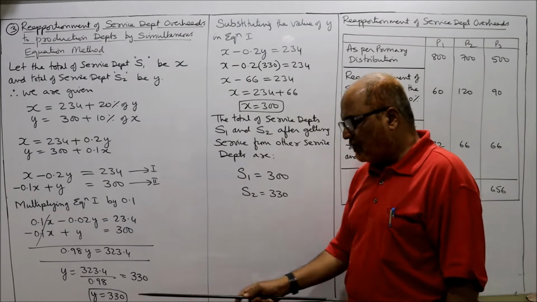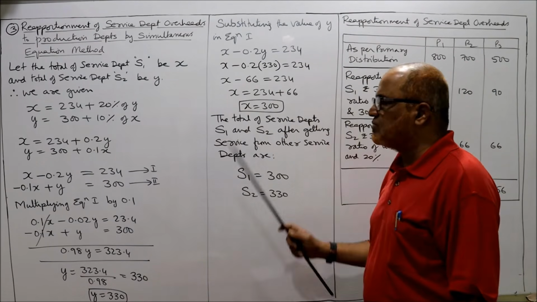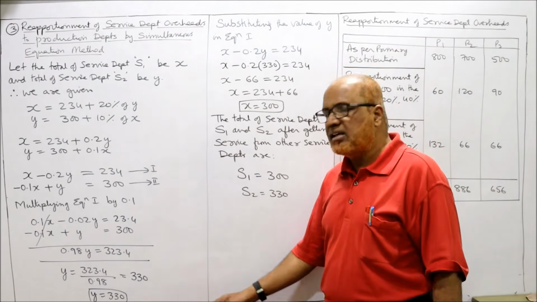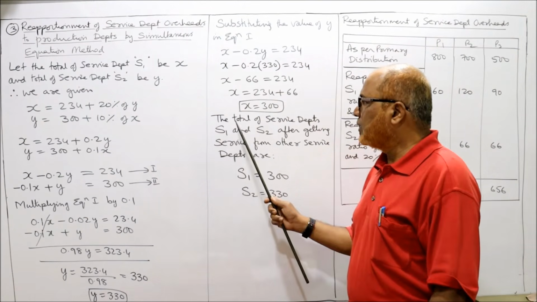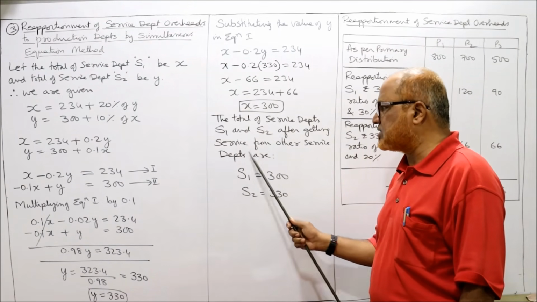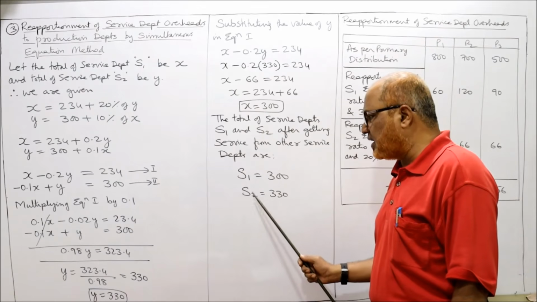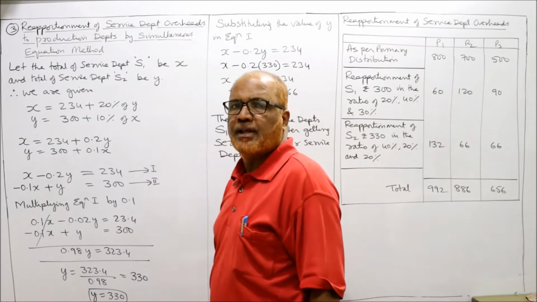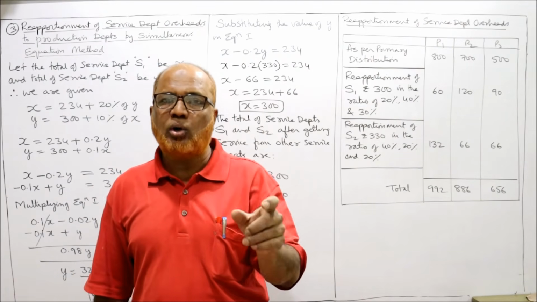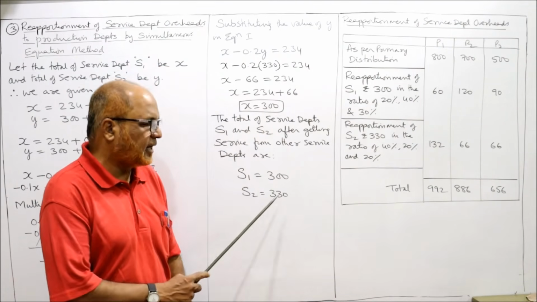We got x. We got y value and we got x value. That means x is the total of S1 and y is the total of S2. The total of service departments S1 and S2 after getting service from other service departments are S1 300, S2 330. After getting the service from other service departments, the total of S1 and S2 will become 300 and 330.